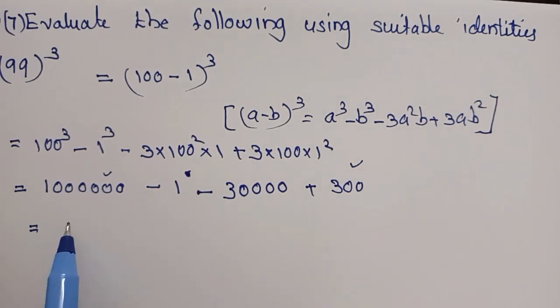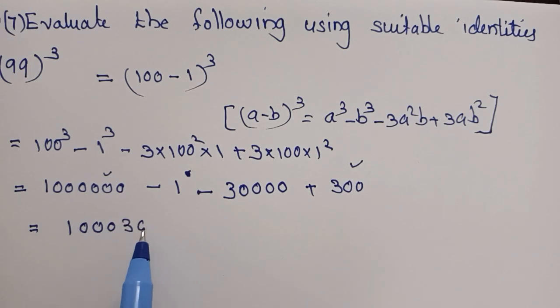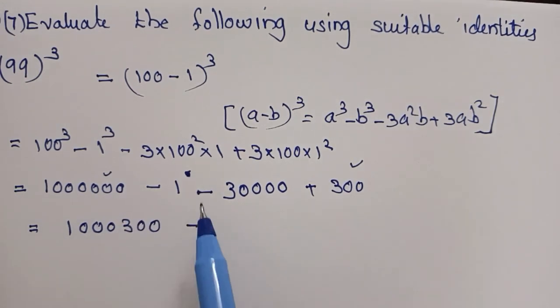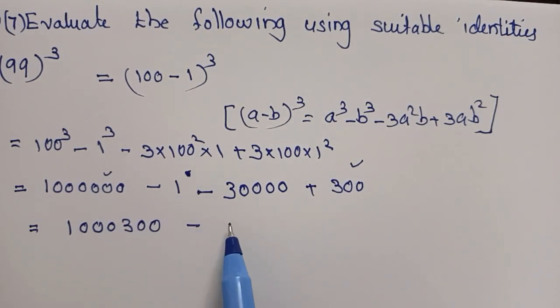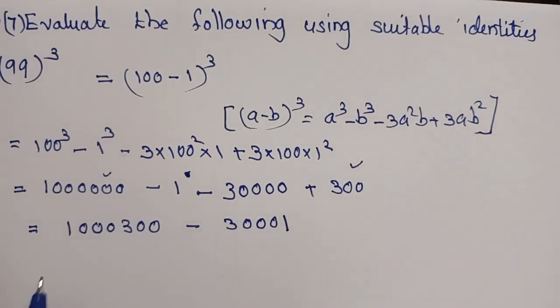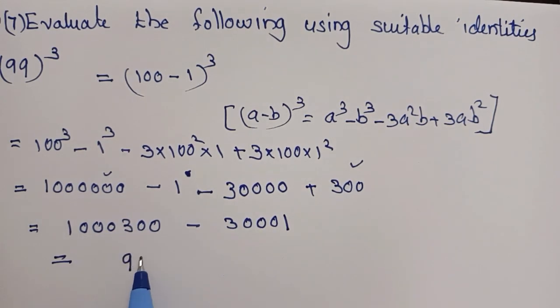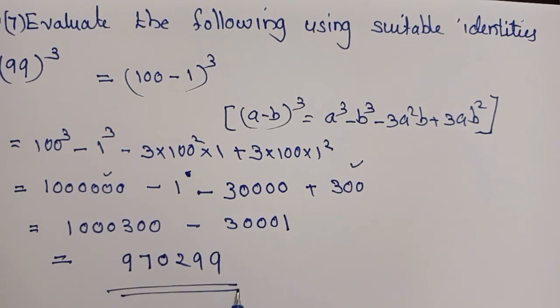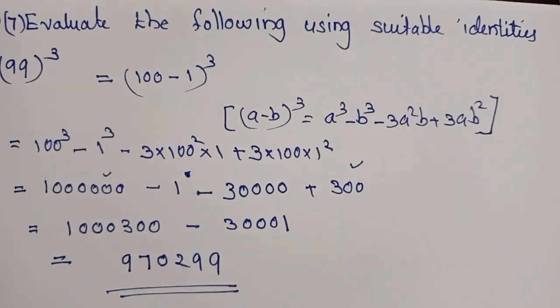Adding, we get 1000300, isn't it? Adding the negative terms we get 30001. Now after subtracting we get 970,299. Okay, 970,299 is the final answer.